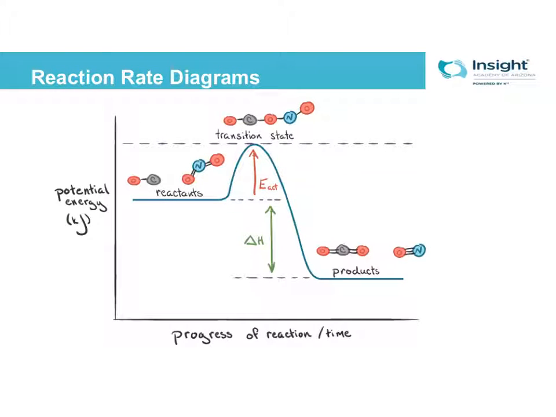So here's a reaction rate diagram. We've got our reactants, the chemicals that we're starting with. They have a certain amount of energy in them. Then we apply this E-act, which is your activation energy.